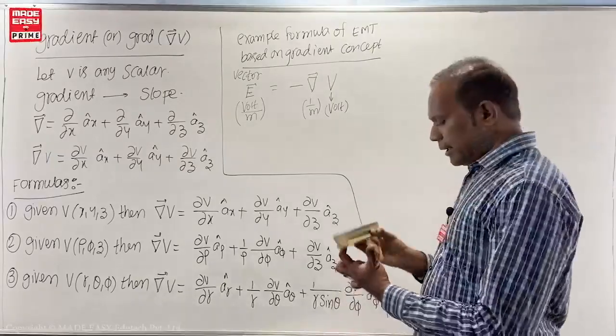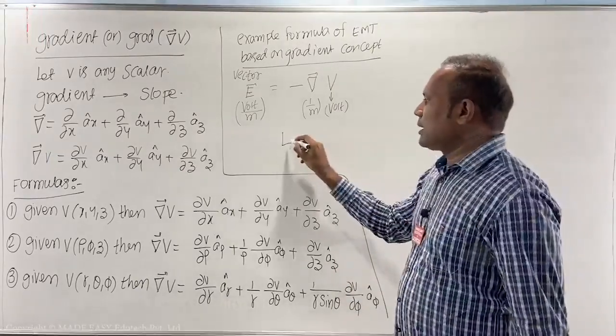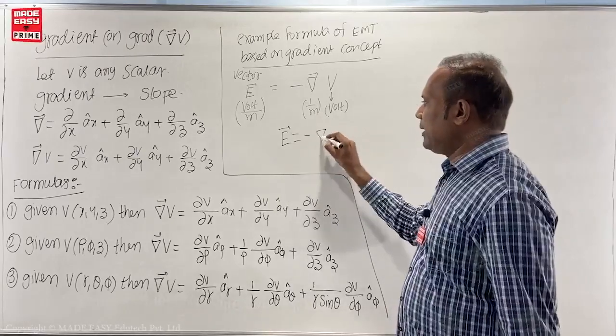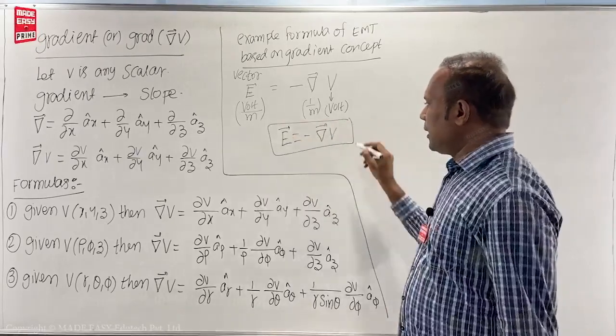So here E is equal to minus grad V. This is the formula.